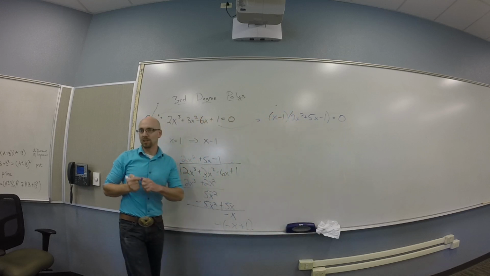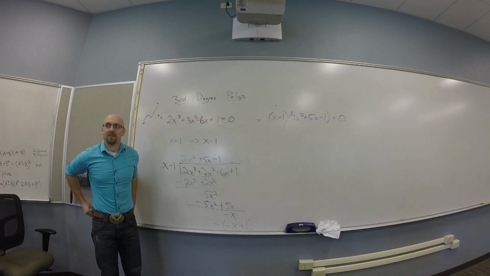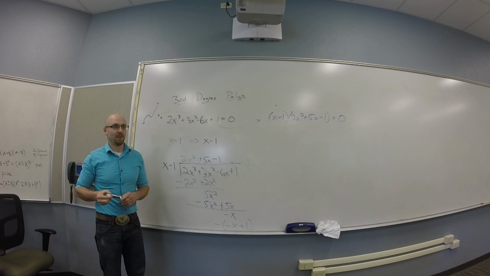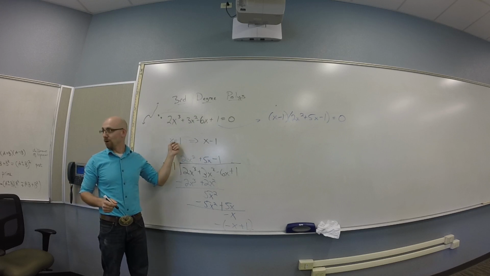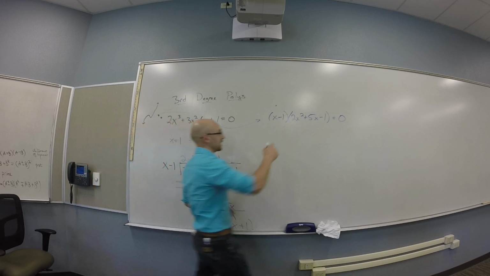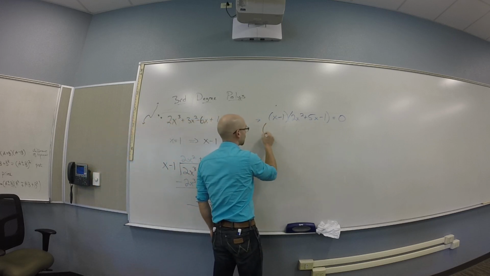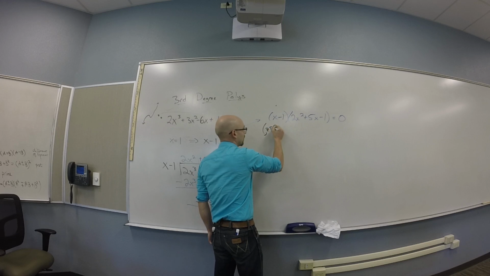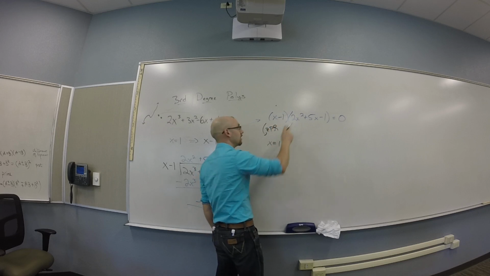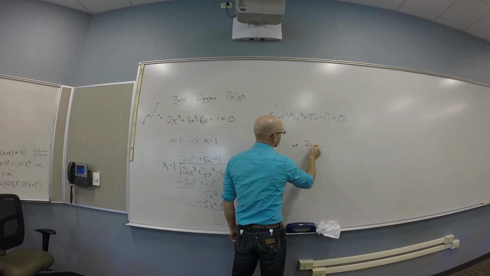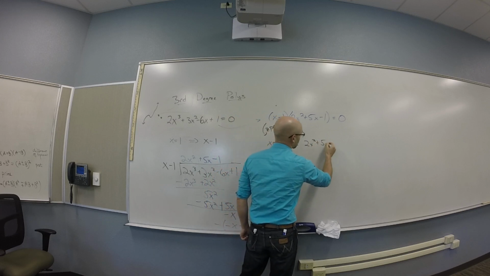So then I can hit this with the zero product rule. You guys with me? That would get me to either x is 1, which I know about, or this thing is 0. So I'll get x is 1, great, I knew that one was in there. And then I'll get or 2x squared plus 5x minus 1 is 0.